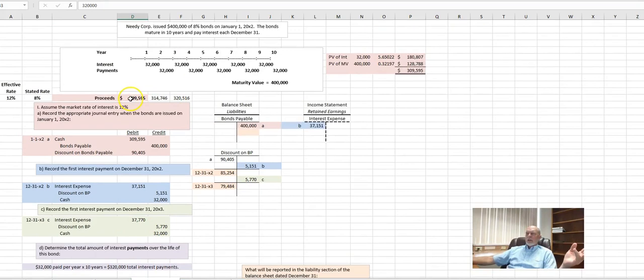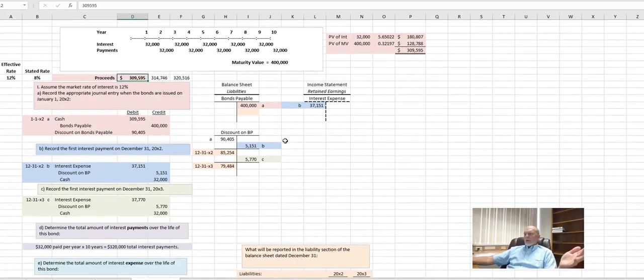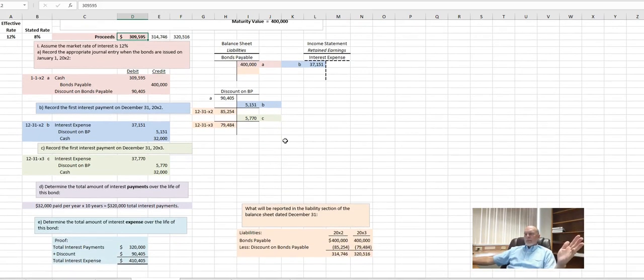So again, we're getting $309,595 at the beginning, but we have to pay back $400 when this thing matures. That discount is additional interest in addition to that $32,000 a year. Okay, so prove all that out in your calculations.